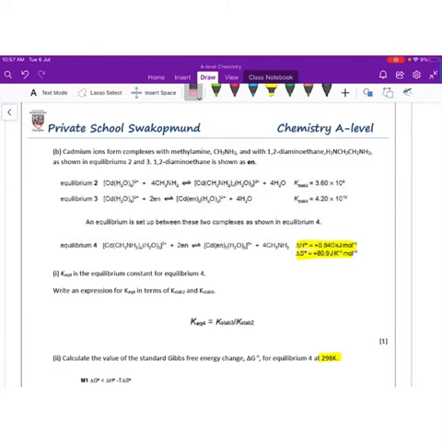So an equilibrium is set up between the 2 complexes as shown in equilibrium 4. Okay, so now this is slightly different. If I look at my equilibrium 4, this is my reactant, and this is my product in there.